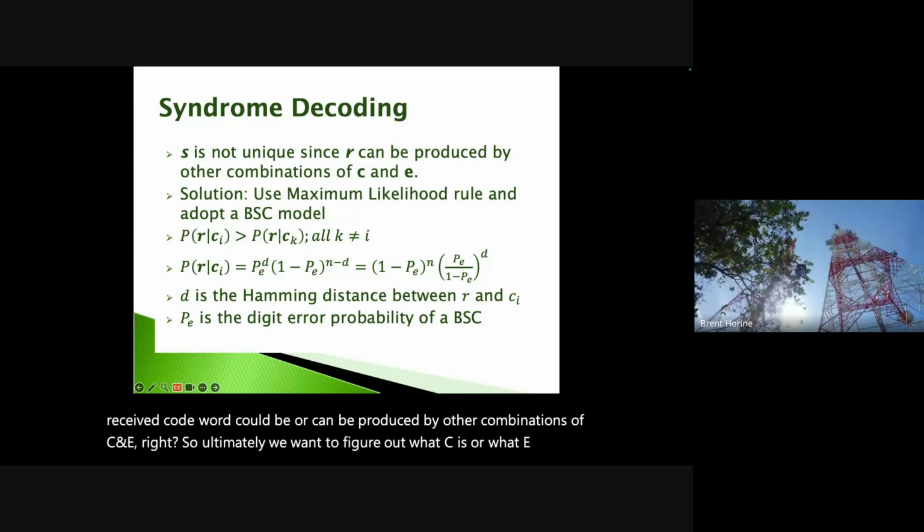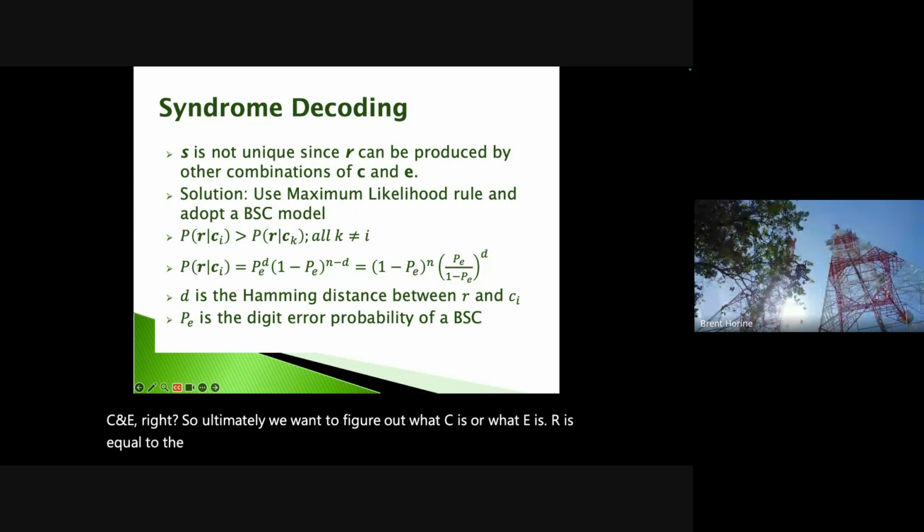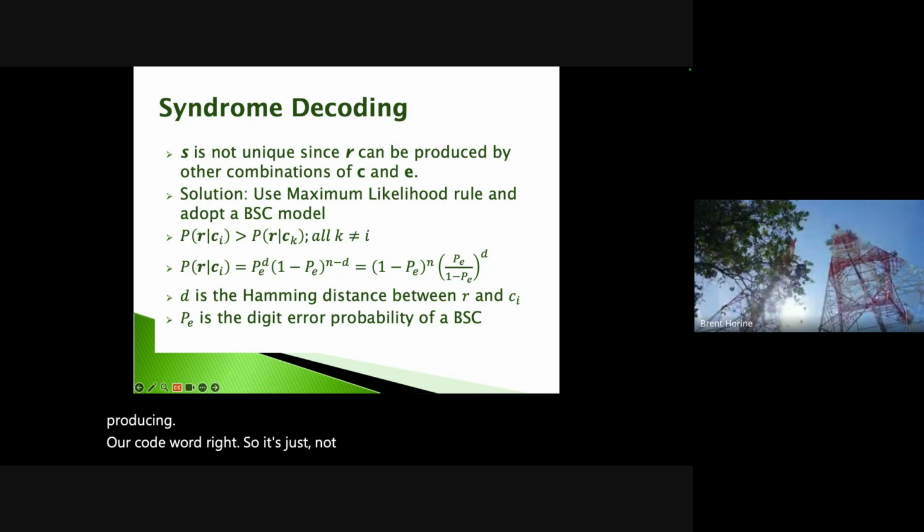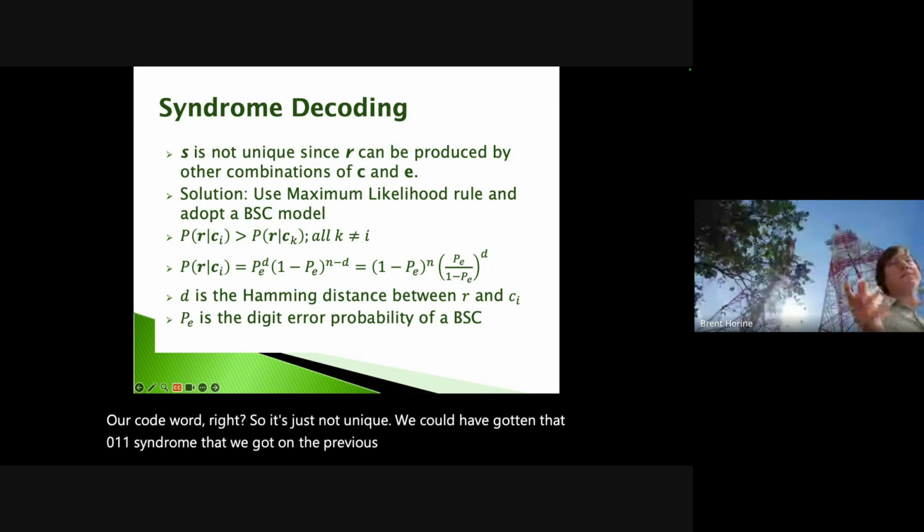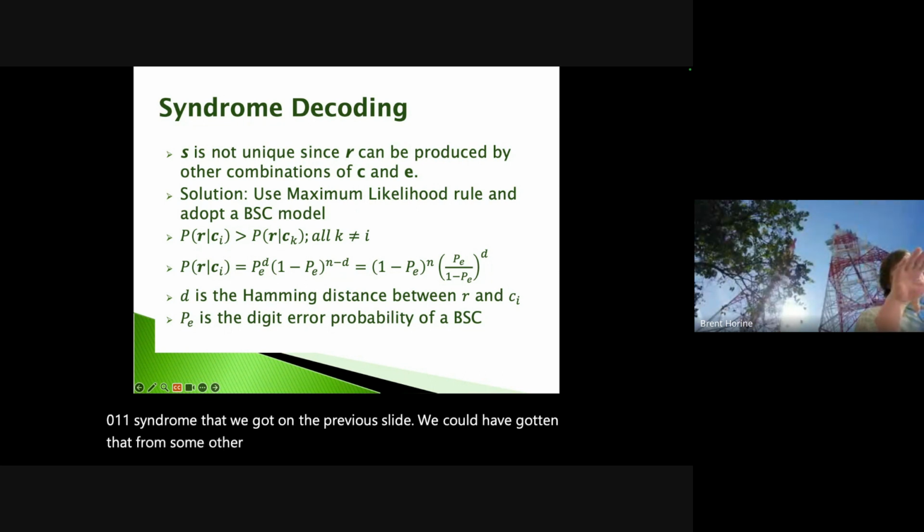R is equal to C modulo 2 E, but it's that combination that's producing our code word, so it's just not unique. We could have gotten that 011 syndrome from some other code word modulo 2 with some other error vector. So that's a dilemma.